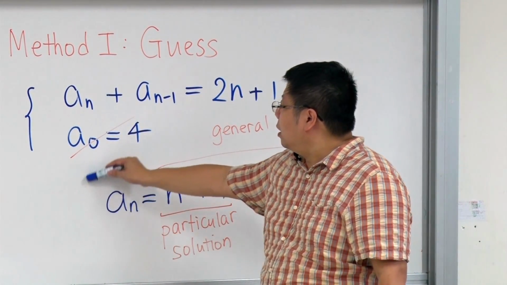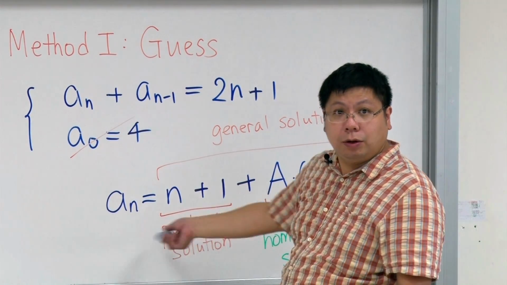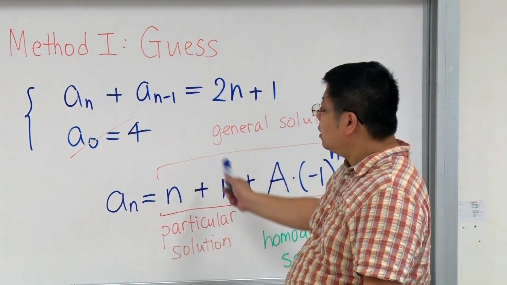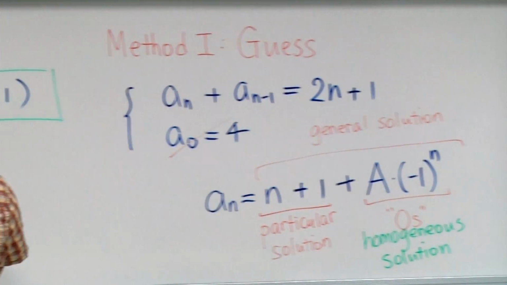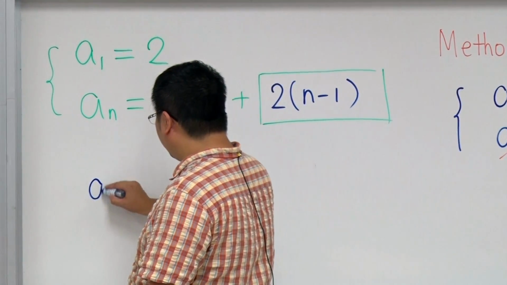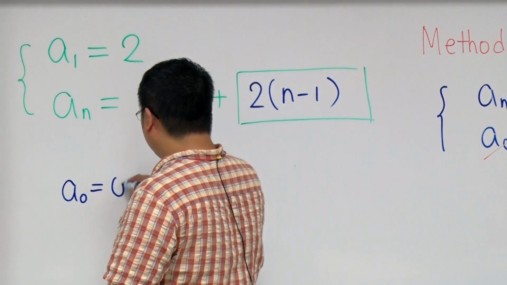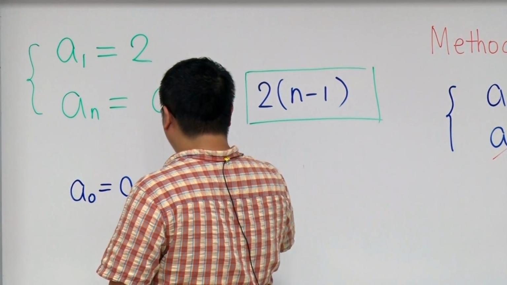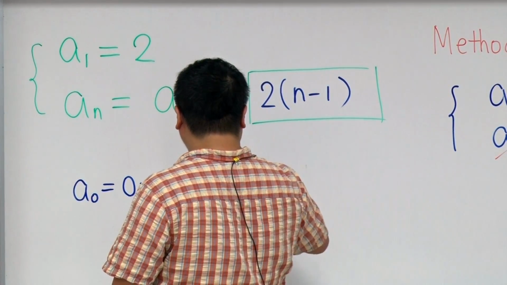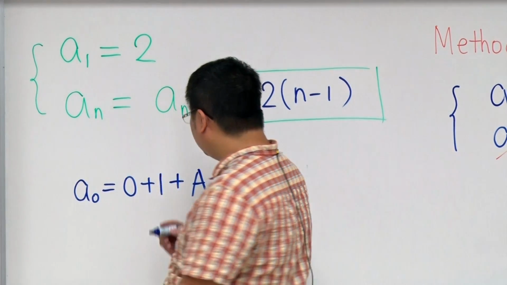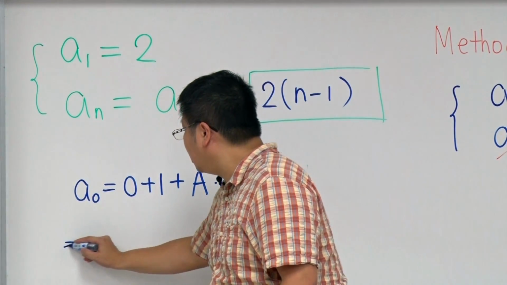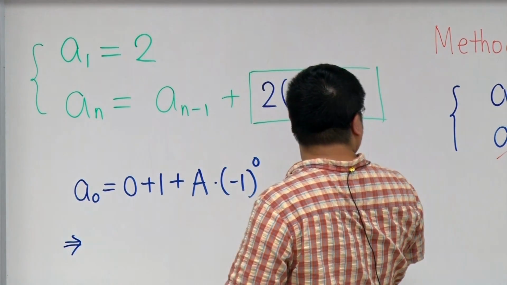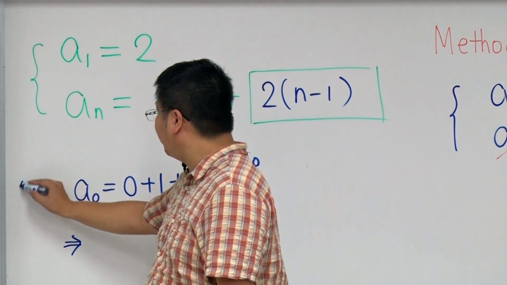So this is how a_n could look like. If I now tell you that a_0 is equal to 4, then we will have a_0 equal to 0 plus 1 plus A times minus 1 to the power 0. Is that okay? What is a_0? a_0 is equal to 4 here.